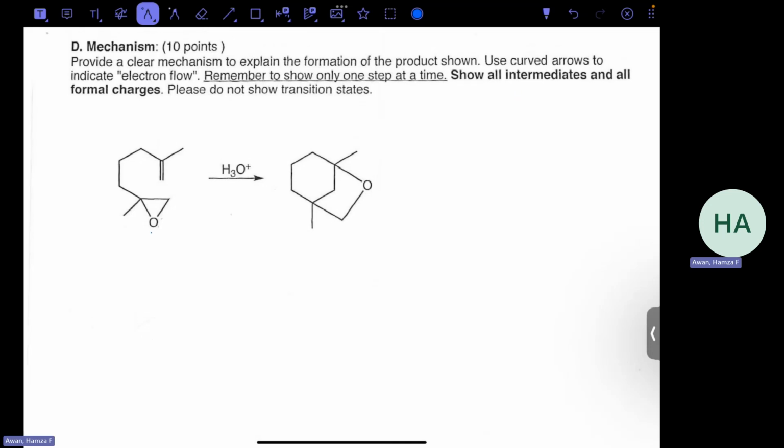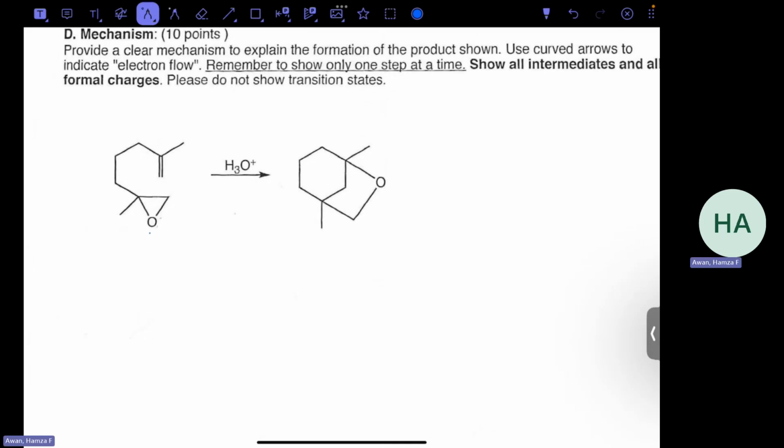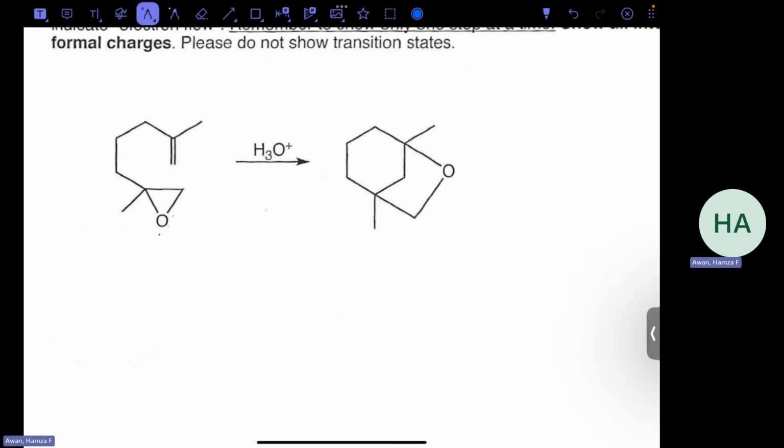So first step for mechanism. This is an H3O thing. Kind of looks annoying, just because of this entire thing, right? But what we do know from this, we have at least 2 ring closings. We have 1 ring closing that would create this right here, and another ring closing that would create that ether.